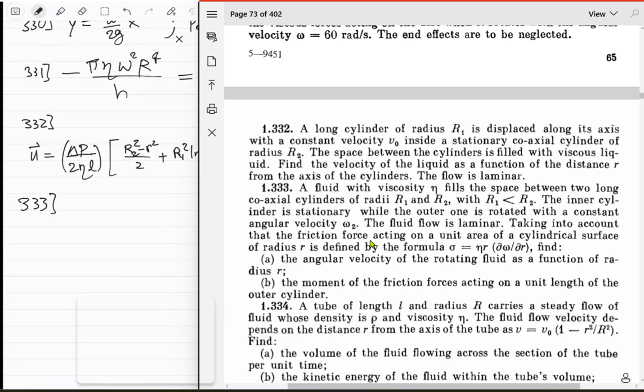Okay, what is sigma though? That's the friction force per unit area, right? So, okay, interesting.